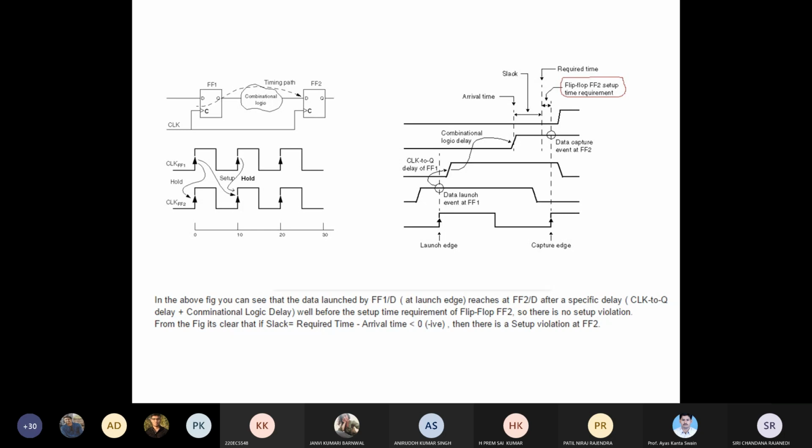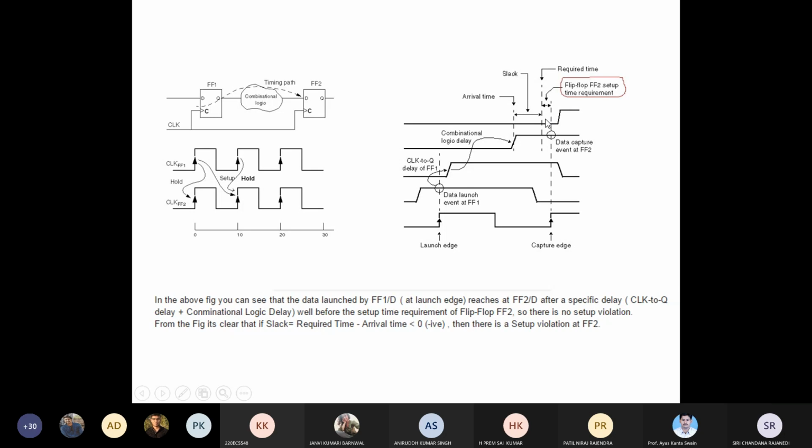If your data is coming before this, then slack is positive, because slack is equal to required time minus arrival time. If it is positive, then it's fine. Data is already present before your required time, and the clock can capture it at the capture edge. But if it is negative, that means it reaches after your required time.